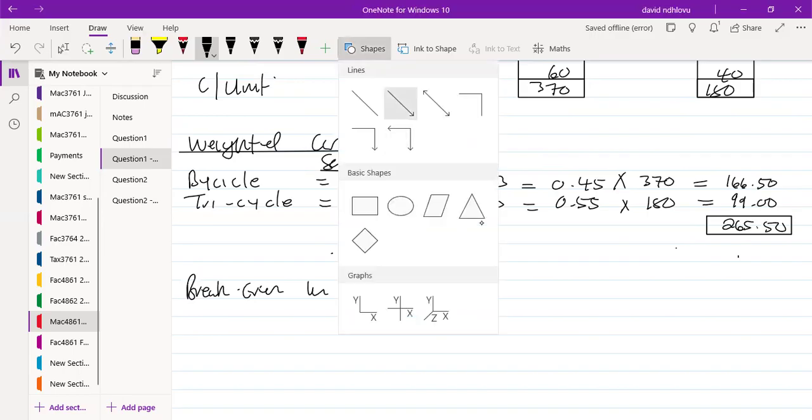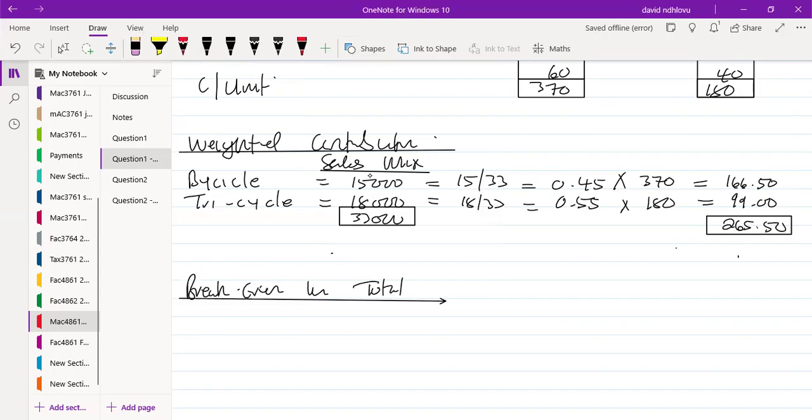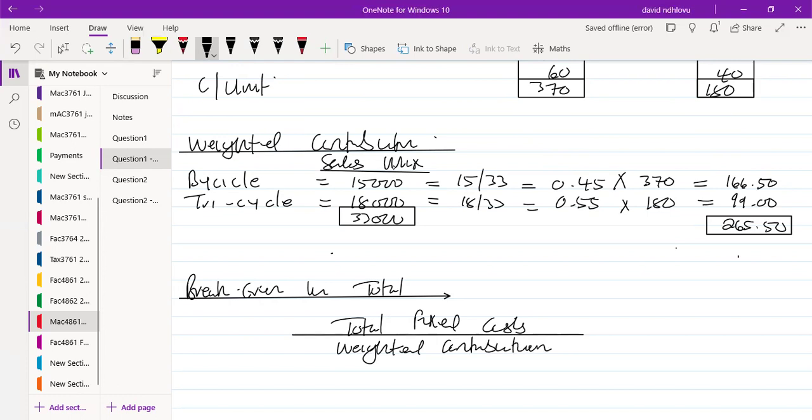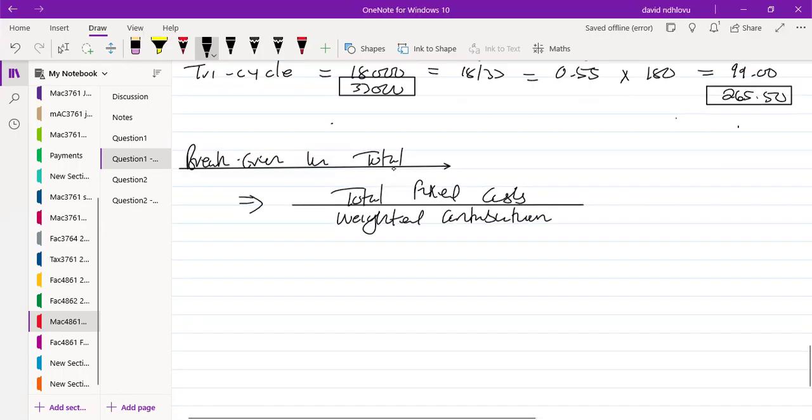You can calculate the break-even in total by saying total fixed costs, then you divide by the weighted contribution.